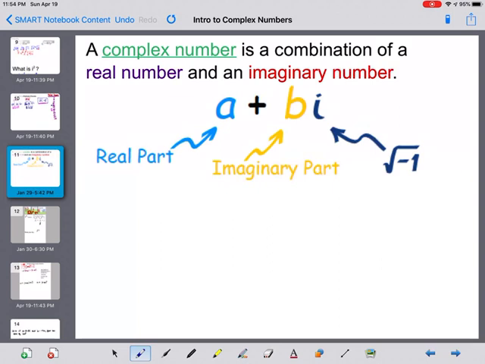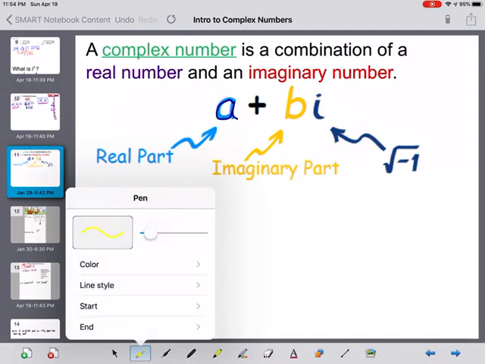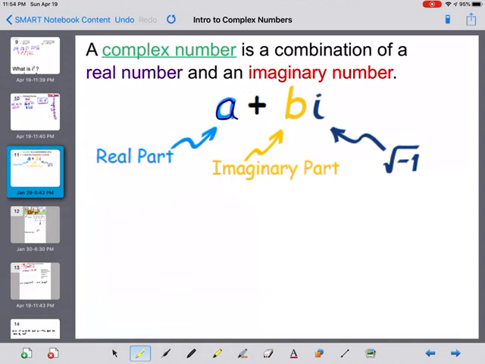Okay, so now in your notes, you want to write this down. A complex number is a combination of a real number and an imaginary number. The a in the front is the real part, then it's a plus bi. The b that you see right here with the i is the imaginary part.